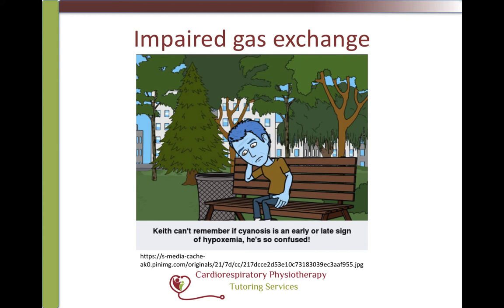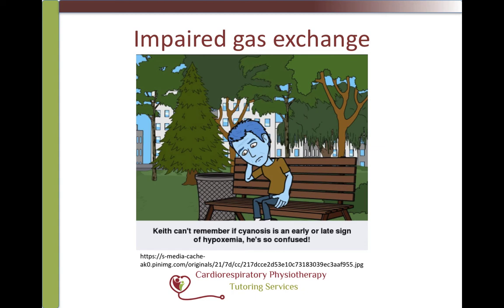Remember though, when we're speaking about gas exchange, an increase in the partial pressure of carbon dioxide generally only occurs as a result of ventilation perfusion mismatches and hypoventilation. The result of impaired gas exchange is severe if left untreated and can result in ischemia, cell death, multi-organ failure and death of the organism. In terms of our impairment list, it will likely result in dyspnea and in reduced exercise tolerance.